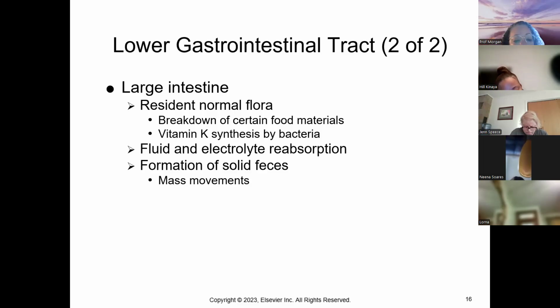So increased bulk in the intestines, increased intestinal motility, and the rate of passage make for a larger fecal mass and more frequent defecation or bowel movements. The rectal wall itself will distend, and that stimulates the defecation reflex.